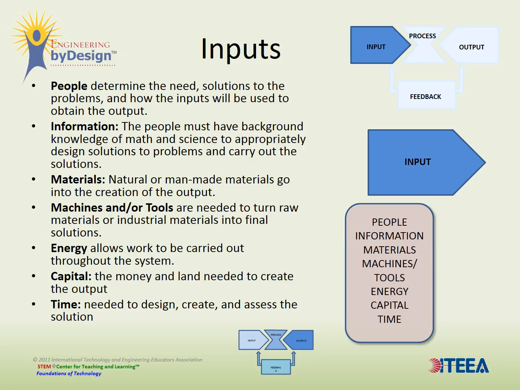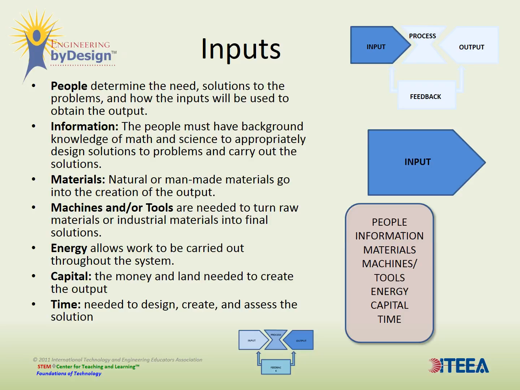The information. The person must know how to do what they're doing. They need a knowledge of math and science to design solutions to the problems. Or if you're cooking, you need to know how to read and make measurements. What are your materials? Are they natural materials that you can use, or are they man-made materials?